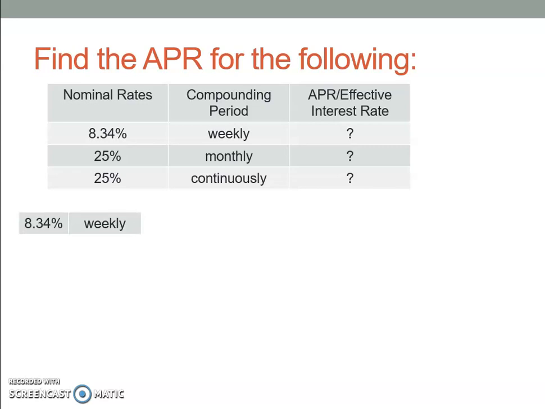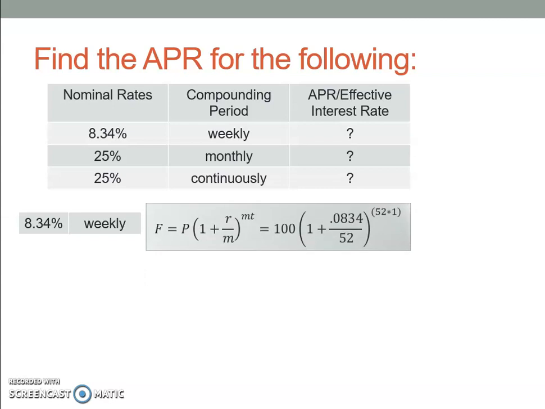For the 8.34% weekly compounding, remember, this is our formula, and we will use P equals 100 to make our calculations simple. You are free to choose any P that you want, but for me, it makes more sense to use 100 because I can see what's going on. It's very intuitive for me.